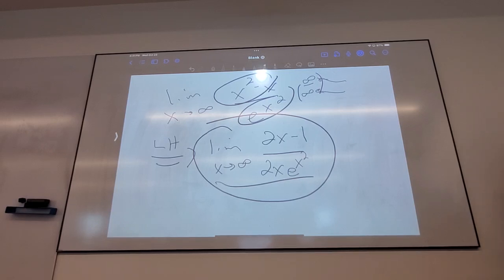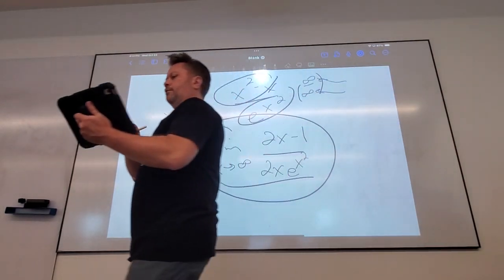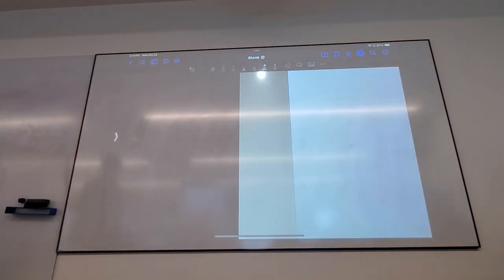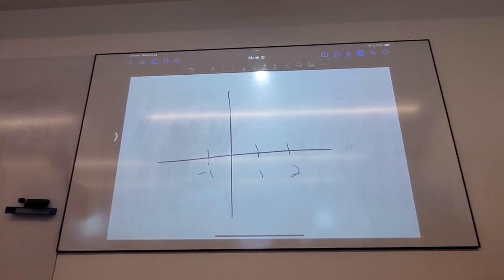All right, so 15, of course, it says x greater than or equal to -1, right? Tell me anything about that function graphically. It's a line. Slope is -2, the y-intercept is 3.